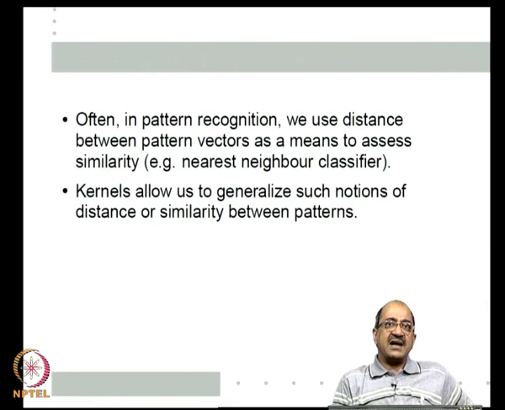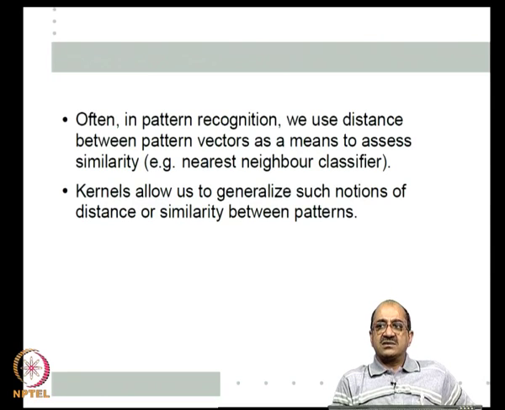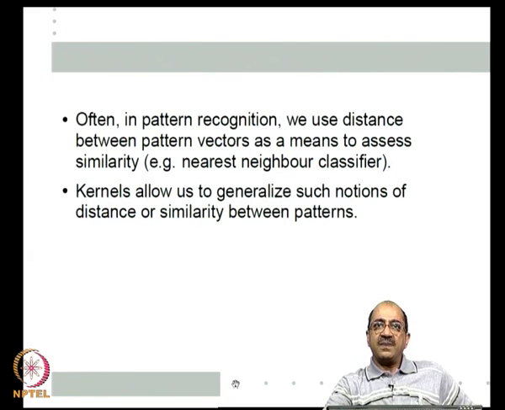The basic idea there is that if two patterns are close to each other in a distance sense, then they are also similar patterns. So, the question is what kind of distance is a good distance. We may have some similarity function, which we can think of as a kernel, and then we can use the kernel in place of the usual distance.